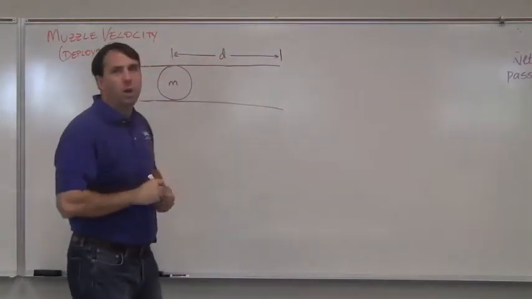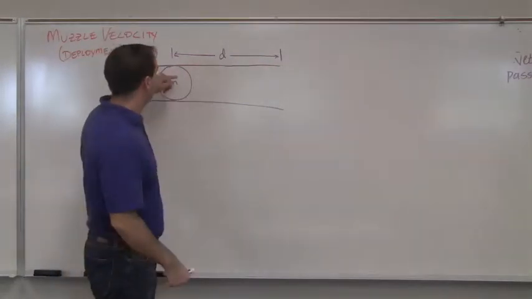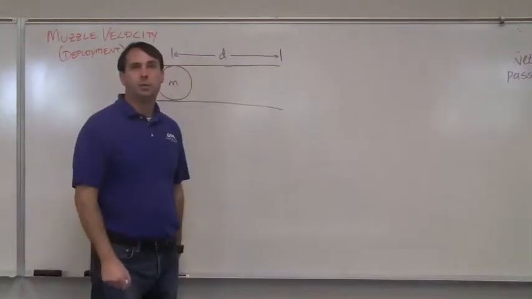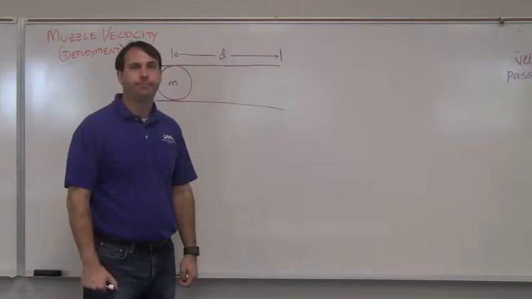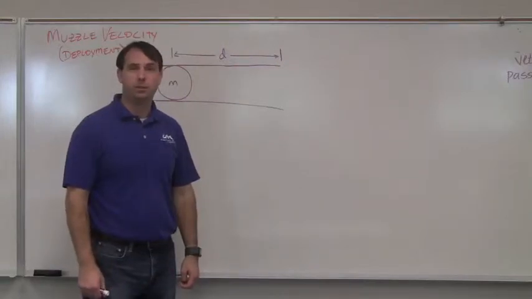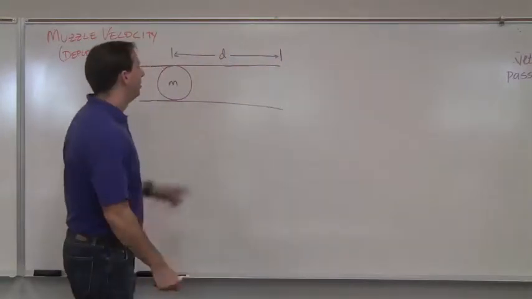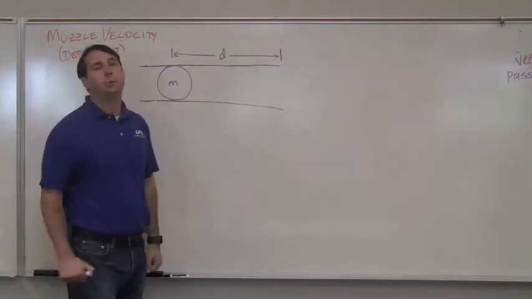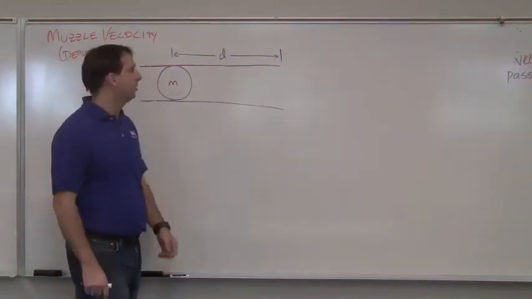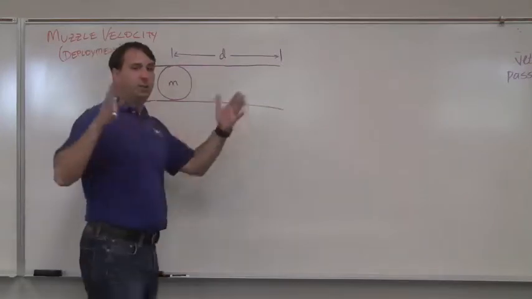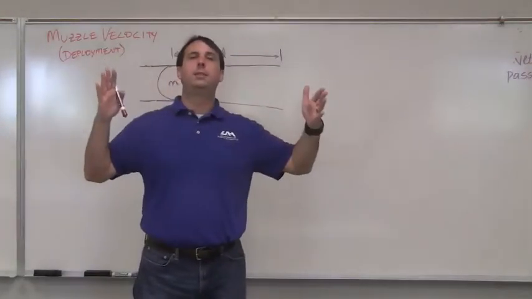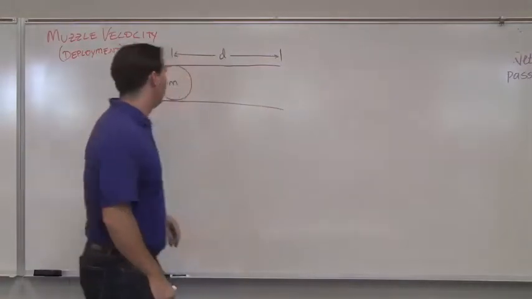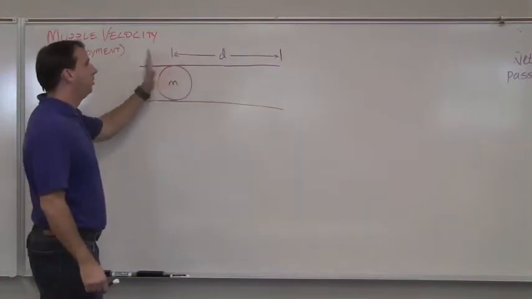Pop quiz. What is the maximum distance that your barrel can be? That's right, 44 centimeters is the total length your barrel can be. Most times I say that d is 40 centimeters or 0.4 meters because it's a nice round number for starters. Also, the paper box that you're in, the maximum length is 44 centimeters, and so it's very unlikely that you can push it the entire length.